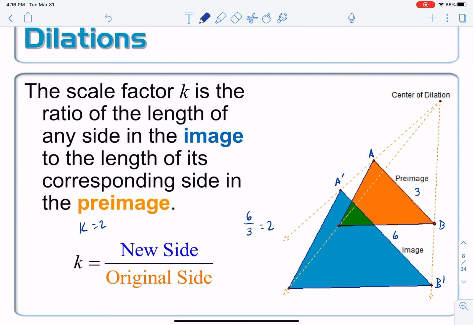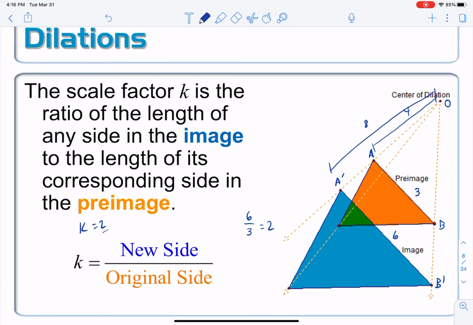All right, now before we started talking about side lengths as far as the scale factor goes, we actually talked about the distance away from the center of dilation, which I'll call O, right? And this is going to help us in this next investigation that we're going to do in this video. If I were to measure the distance from O to A right here, this distance, and let's say it's 4, and my scale factor here is 2, then that means that O to A prime has to be 2 times 4.